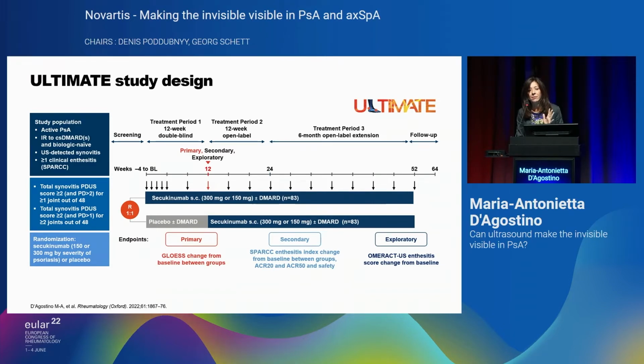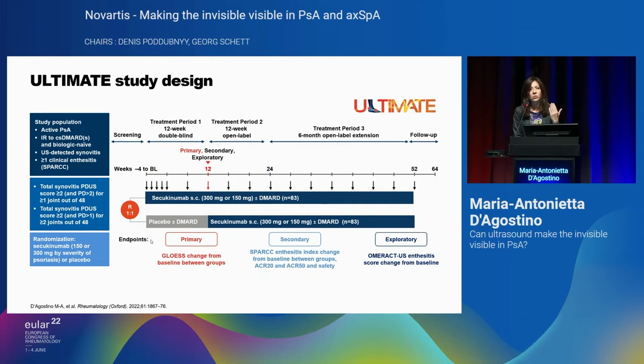We examined them by ultrasound, and patients with synovitis activity by ultrasound were randomized into the two groups. Our primary endpoint was the response on synovitis at 12 weeks. Then from 12 to 24 weeks, we switched the placebo to secukinumab, and then we followed them until 1 year.